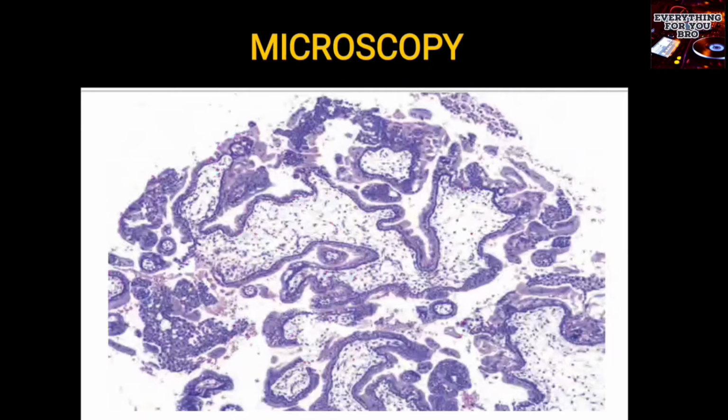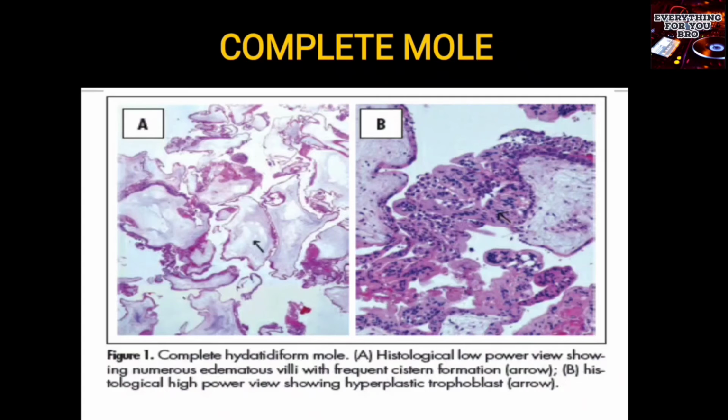So here you can appreciate this very well. These are the dilated villi, and you can see the hyperplasia of the trophoblastic tissue, that is cytotrophoblast and syncytial trophoblast, and you can also appreciate the cistern formations. There is space formation, cavity formation within the villi, and there is no vasculature.